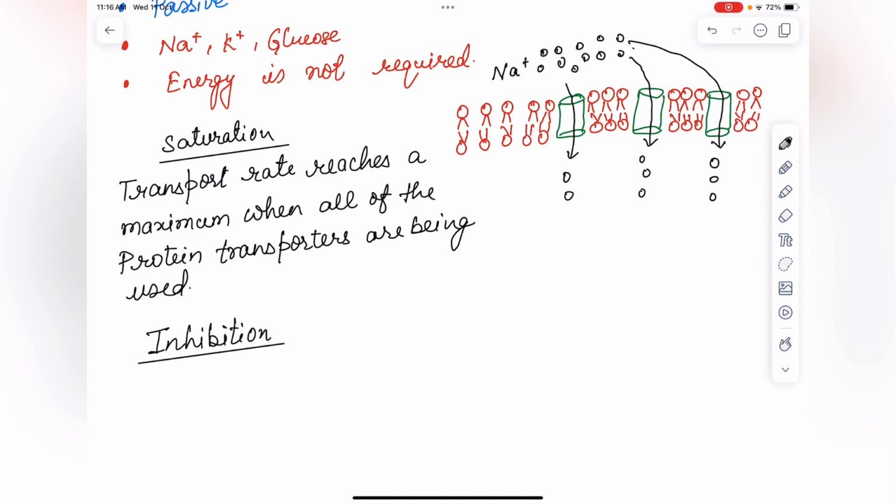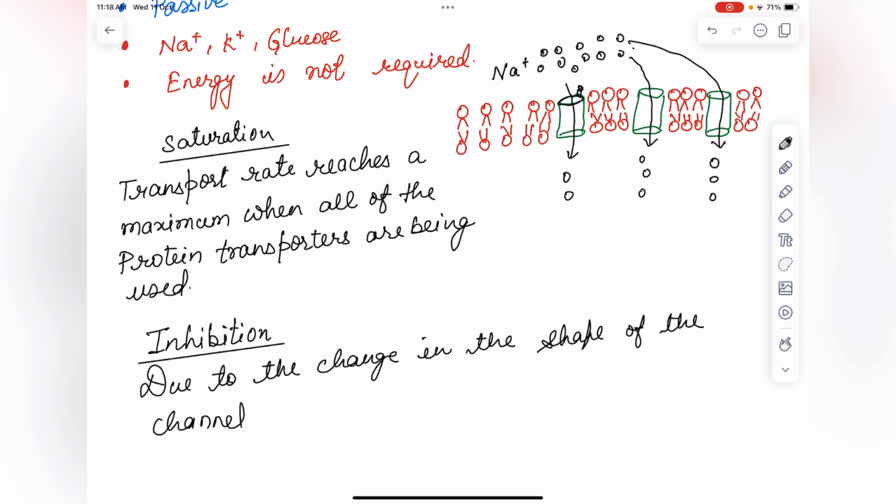Inhibition is due to the change in the shape of the channel. इस चैनल के शेप में अगर चेंजेस हो जाए and it affects the transportation, that is called inhibition. शेप चेंज कैसे होगा? Because this channel is made up of protein, and due to the binding of some chemical, ये चैनल का जो शेप है वो बिगड़ जाता है, जिसकी वजह से ट्रांसपोर्टेशन इफेक्ट होगा. This is called inhibition.